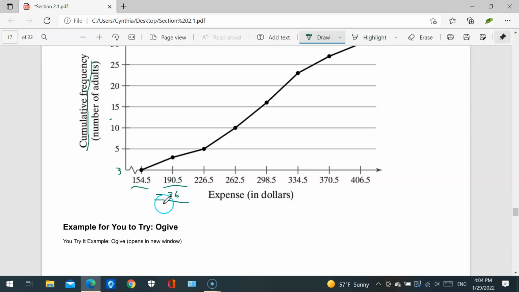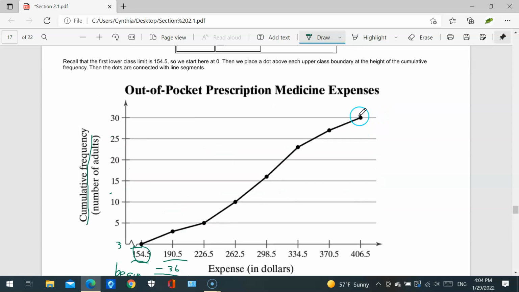So when I subtract 36 from 190.5, I get 154.5. So this point will turn into the begin point. This is a begin point. In the Ogive graph, there's no need to find an endpoint because the endpoint will not intersect with the x-axis.